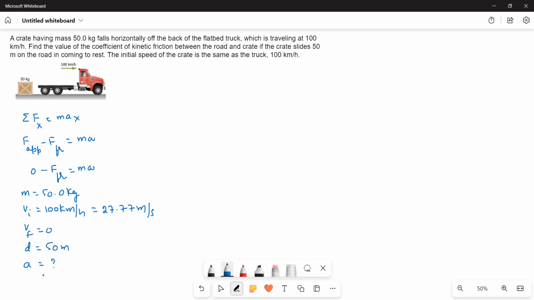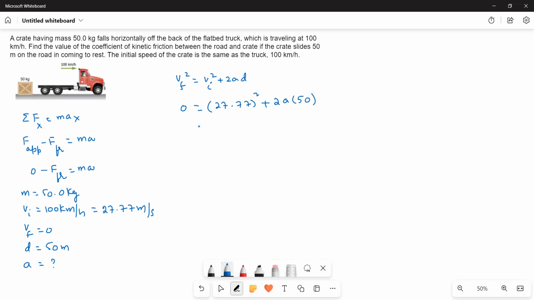Now what we do, we use the kinematic equation. Vf square is equal to Vi square plus 2AD. Now Vf is equal to 0, and Vi is equal to 27.77, plus 2 times A times distance, which is 50 meters.